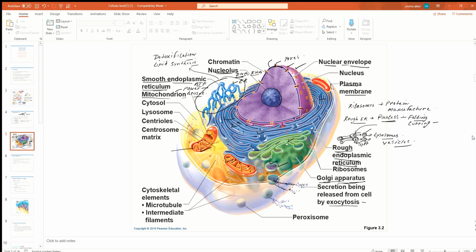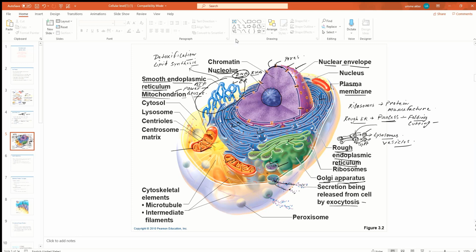Now, DNA is responsible for the hereditary information that goes from the parent to the offspring. So DNA is a very important component.